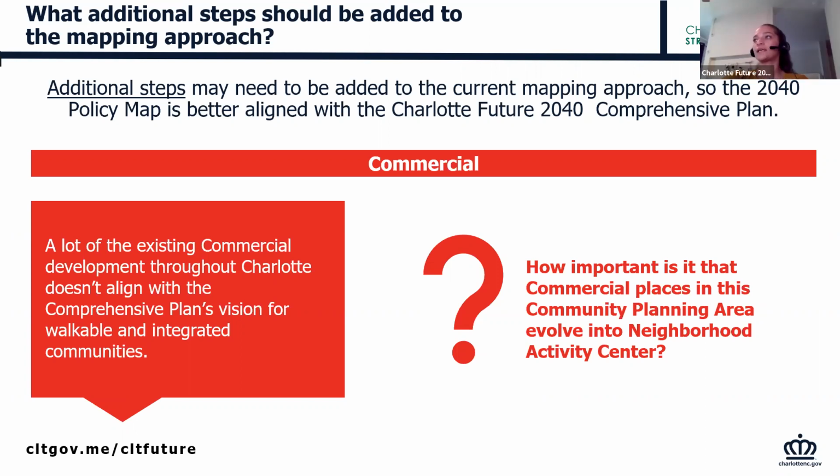So the question is, how important is it that over time the commercial place types, which are typically more car oriented and single use and not very well integrated, for this area become neighborhood activity centers, which are usually your more walkable, integrated areas where people can walk to, say, dining and shopping and things like that. That's what the question is trying to get at.